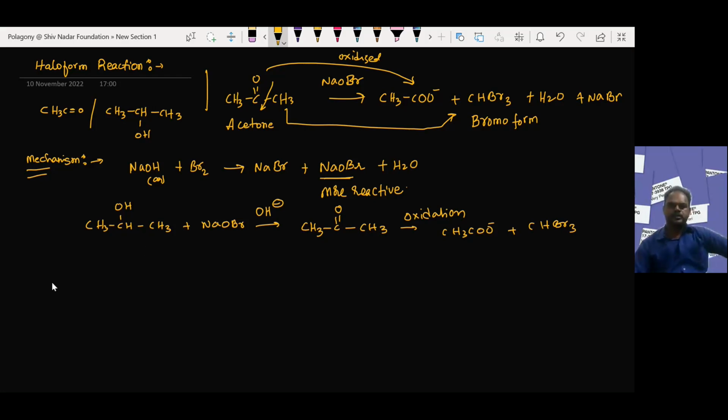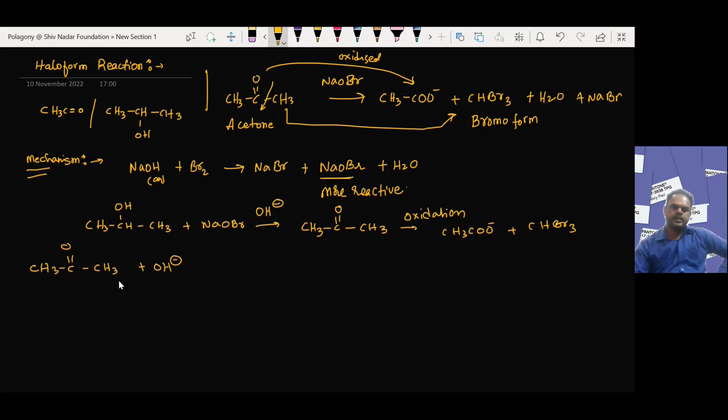So let us look at how this ketone transforms. You take a ketone containing the CH3CO functional group, and this will interact with the base.